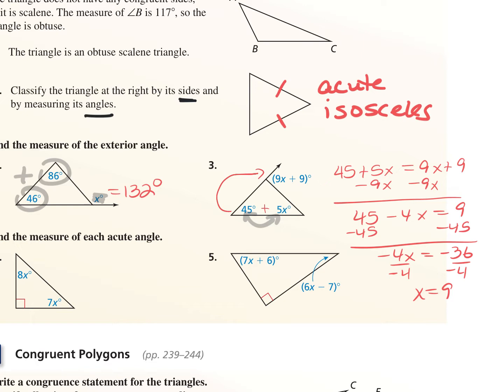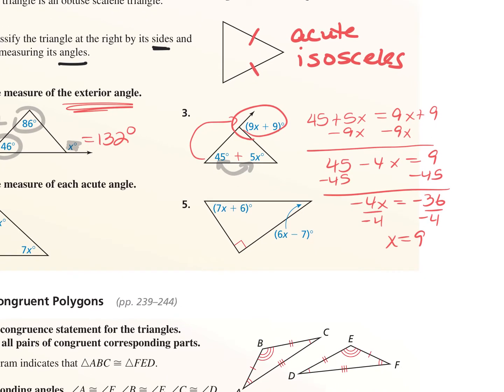Now, it didn't ask me to find the value of x. It asked me to find the measure of the exterior angle. This was the question that a lot of people messed up on the quiz because they just found x. They didn't plug it back in. And remember, your exterior angle is this 9x plus 9. So now I'm going to replace x with what I just found x to equal.